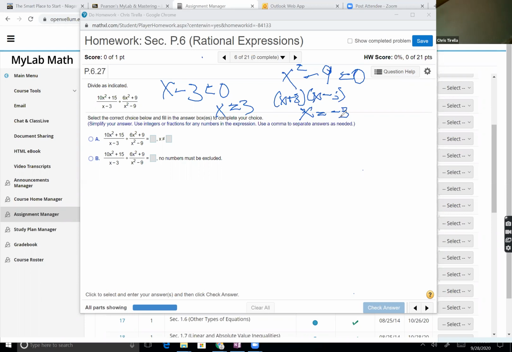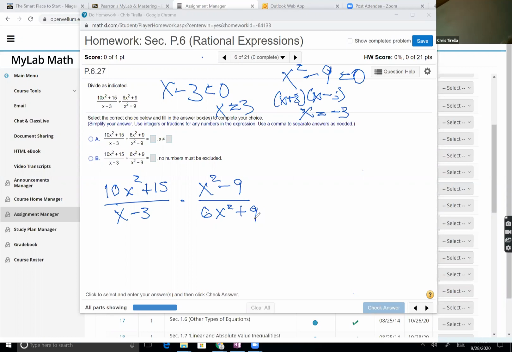Then we have to rewrite it as a multiplication problem: 10x squared plus 15 over x minus 3, and the division becomes multiplication by x squared minus 9 over 6x squared plus 9.